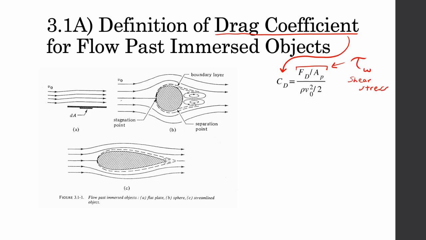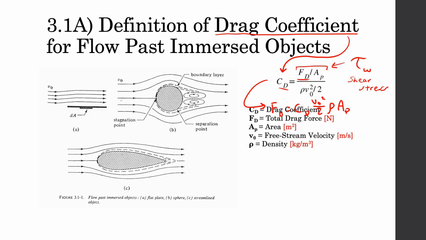And we can rewrite this in terms of force if we want to, so we can use this for more practical applications, or solving for force if we already know the drag coefficient. If we rewrite it in terms of that, this will just be C_D times bulk velocity squared over 2 rho, A_p. And then we look at the units for this.